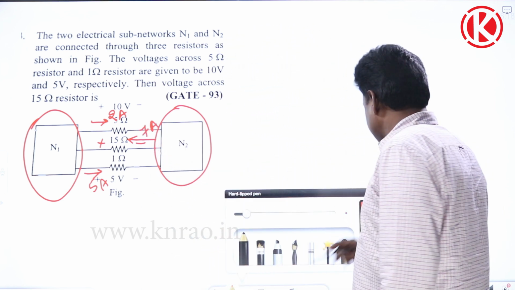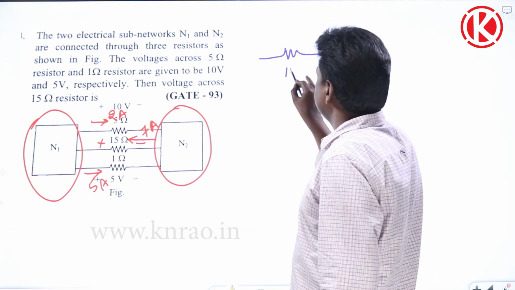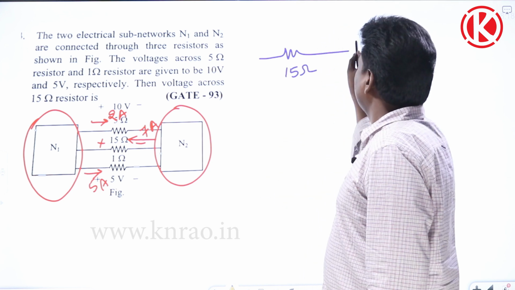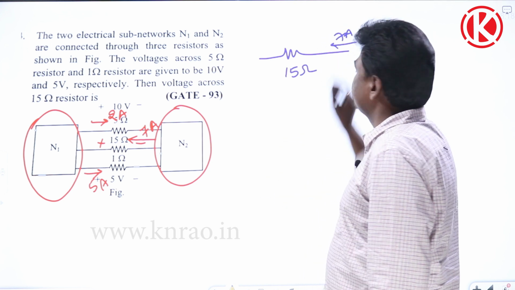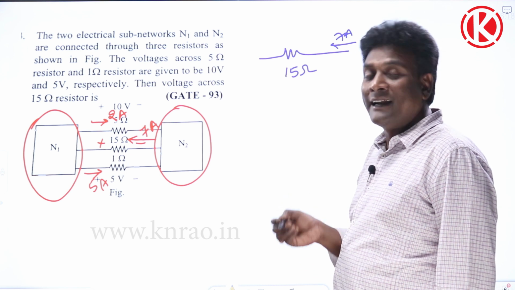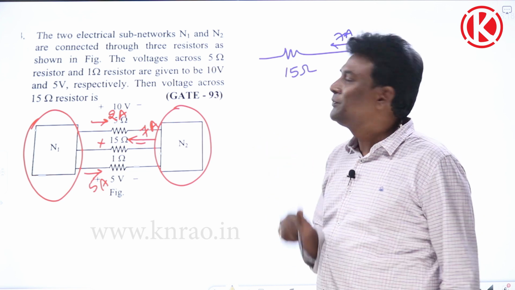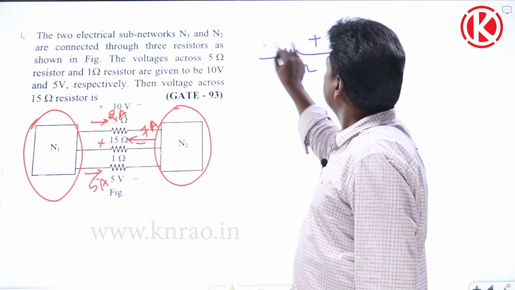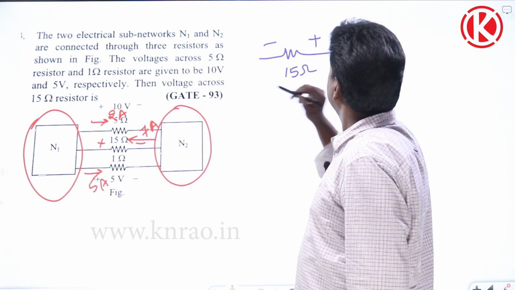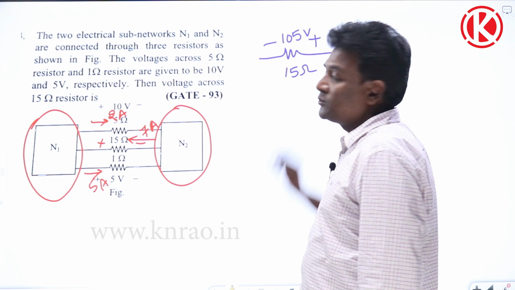Okay, so if it is 7 amperes, already we know that. Okay, let me write it here. This is 15 ohms resistance and 7 amperes is going like this. So already we know that whenever current is entering at that particular terminal, we are supposed to keep positive because it is a passive element. Okay, so this is going to plus, this is going to minus. 7 into 15, 105 volts.